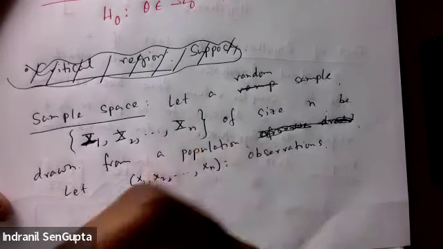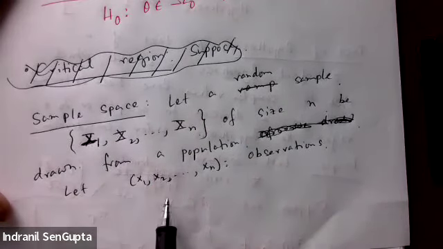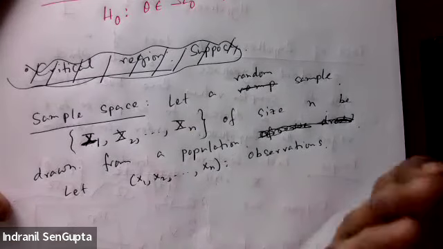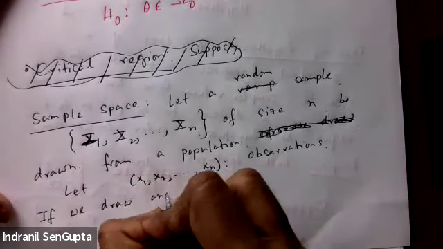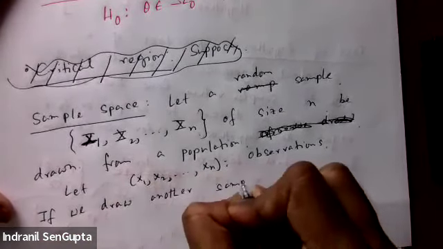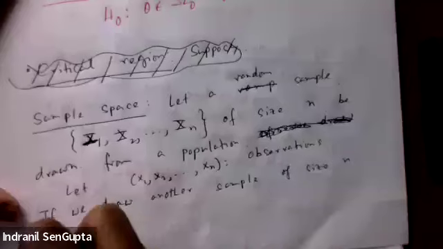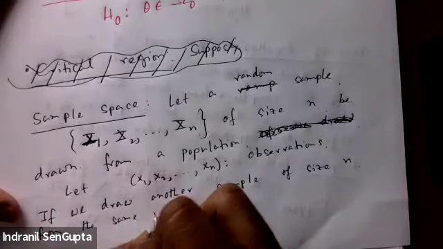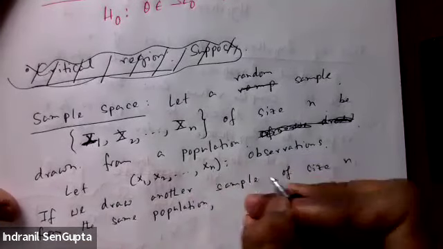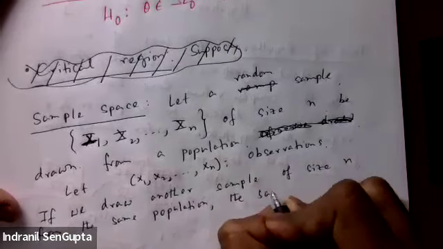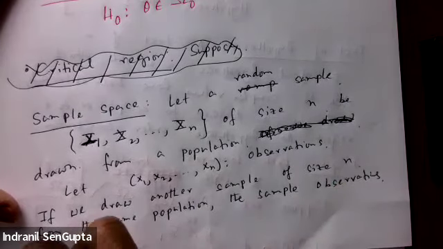Now if we draw another random sample of size n from the same population, the sample observations are usually different.